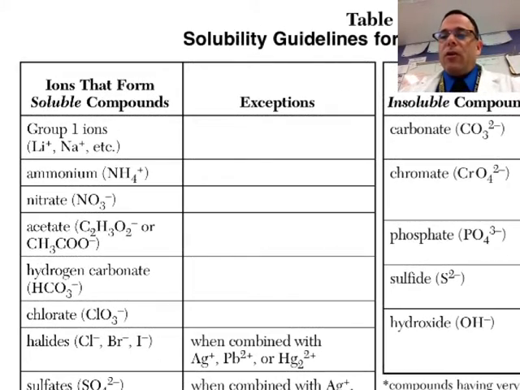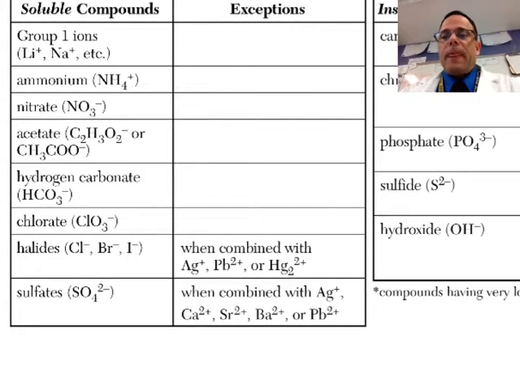All right, so let's inspect what this is telling us. Okay, so this says soluble compounds. So in our formulas of our compounds, if we notice a group 1 ion like lithium, sodium, or so forth, if it is present in the formula, the substance is soluble. Now, there are no exceptions. Let me show you where there are some exceptions. Down here we have our halides.